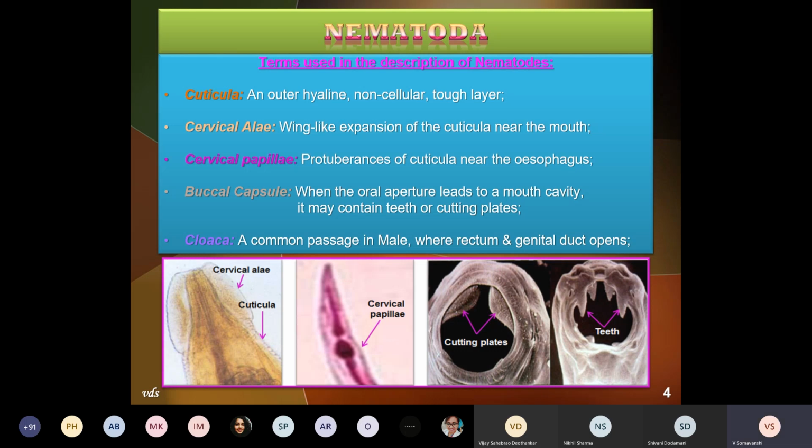The third important term is cervical papillae. In the second figure, you can see that the cuticula is dilated near the esophagus, which is a bulb-like structure. This is called cervical papillae, a protuberance of the cuticula near the esophagus.